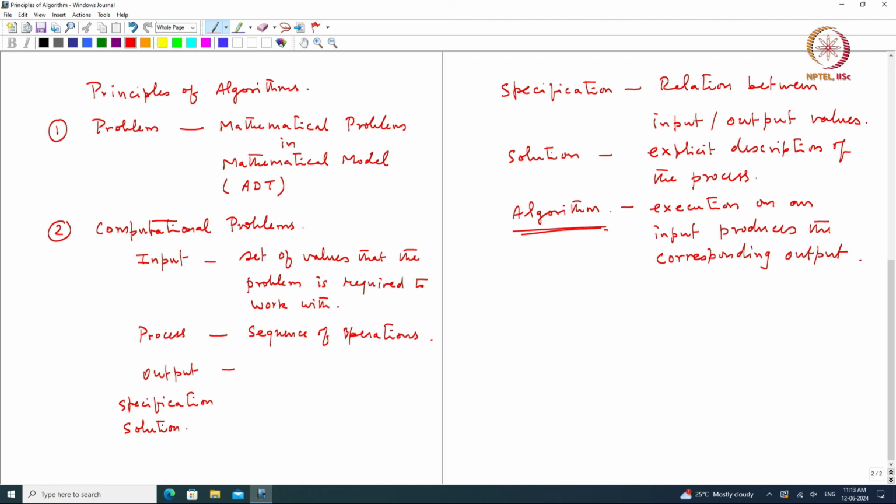The relation is already specified. So an algorithm for a problem should take as input what is specified for the problem, and it should produce the output that is specified in the relation.